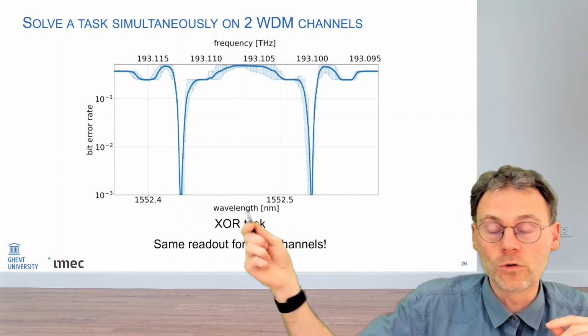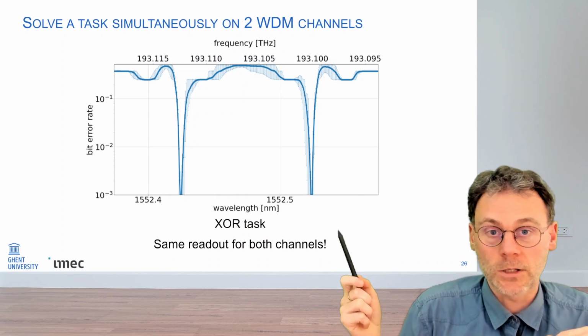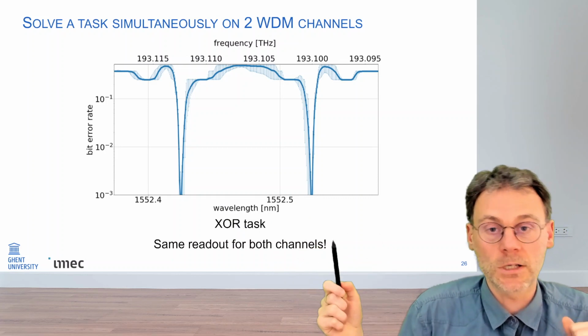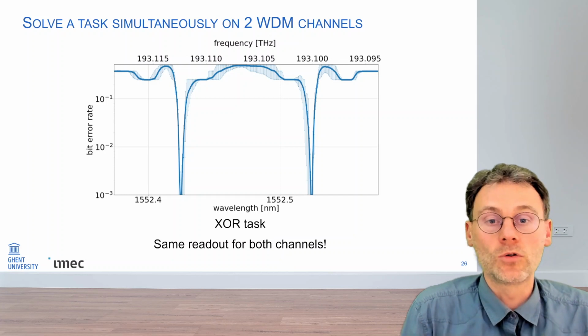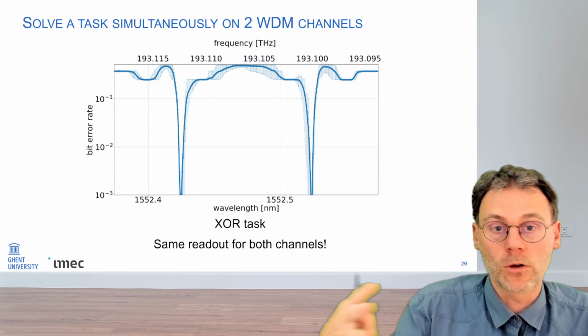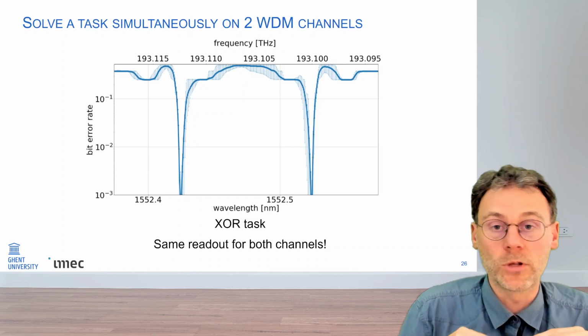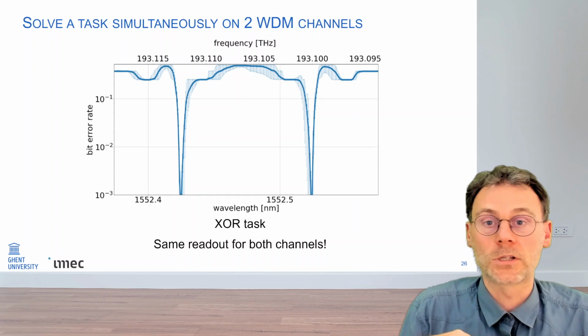This is an example of 2, but we can also do many more. And the important part is that all of these wavelength channels can get sent through the same readout system with the same weights for all of them.